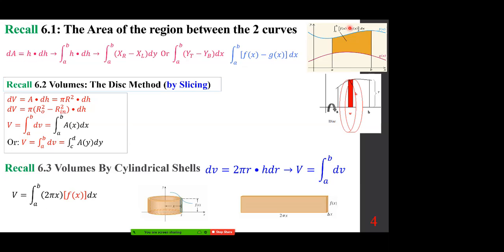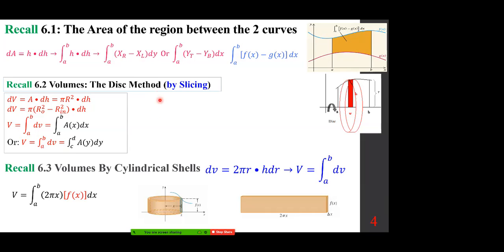You draw an increment, either a vertical strip or a horizontal strip. You find the height, you find the width, which is normally dx or dy, and then the result will be y of the top minus y of the bottom times dx, or x of the right minus x of the left times dy. That's how you get that.